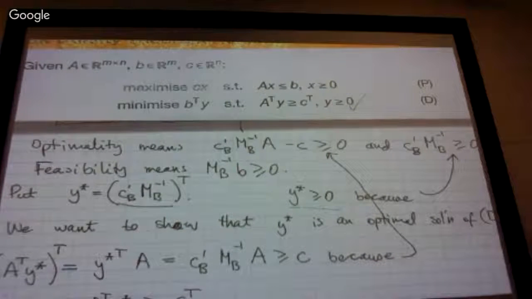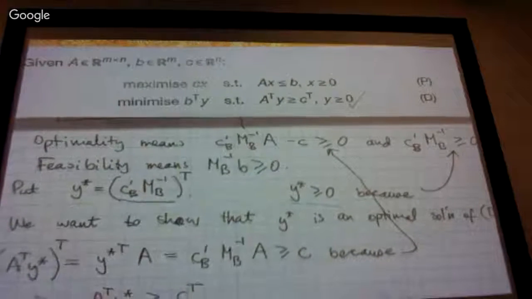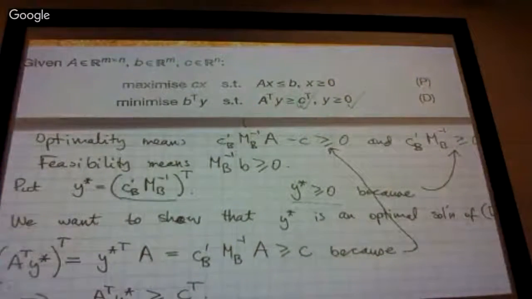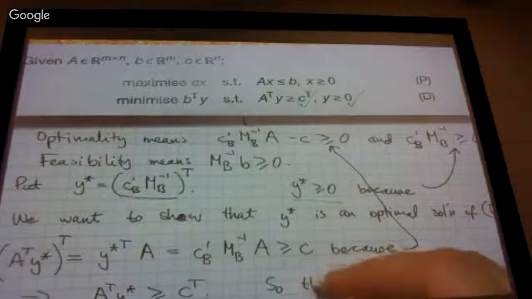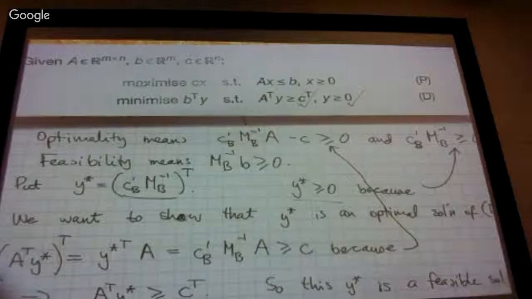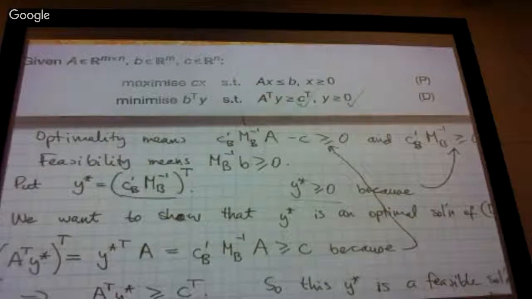So that's the second thing. That's the end. So this y star is a feasible solution of the dual.